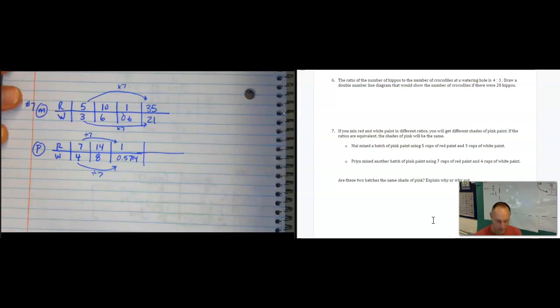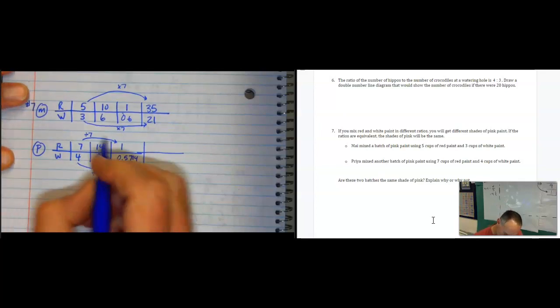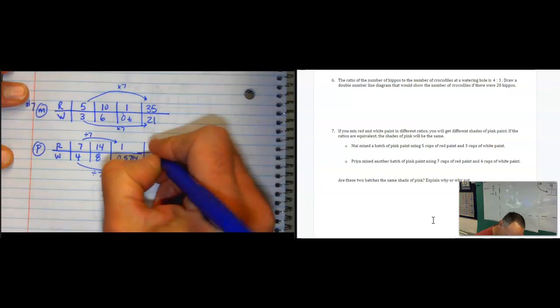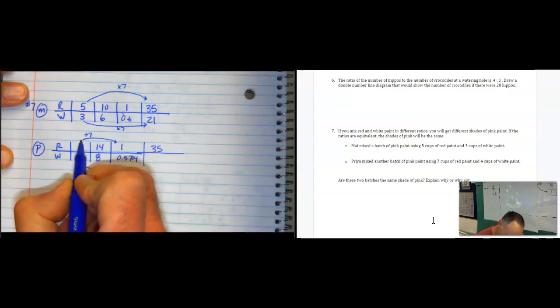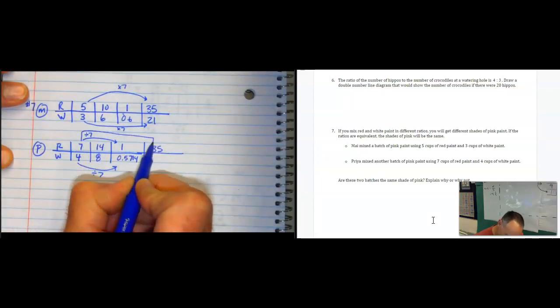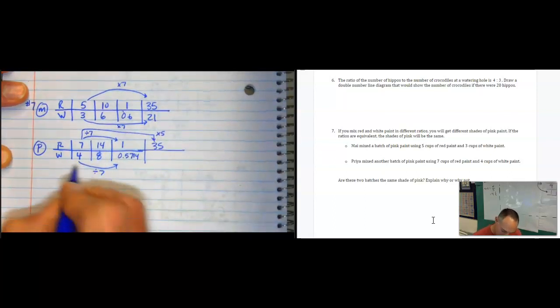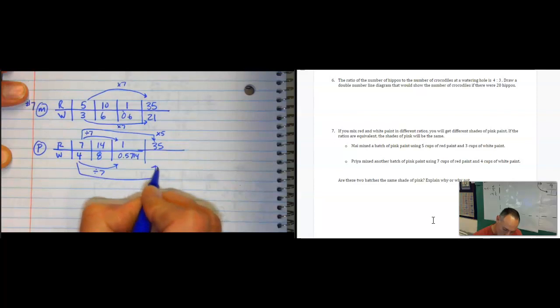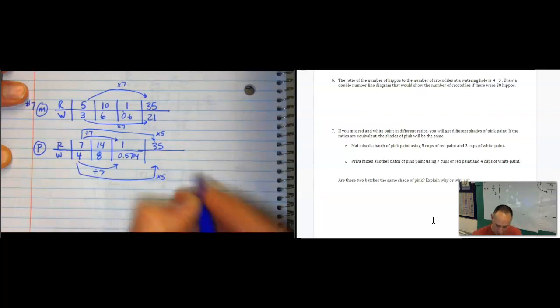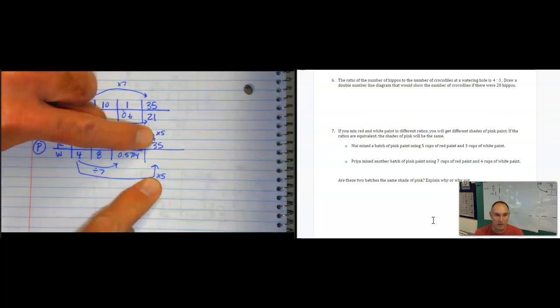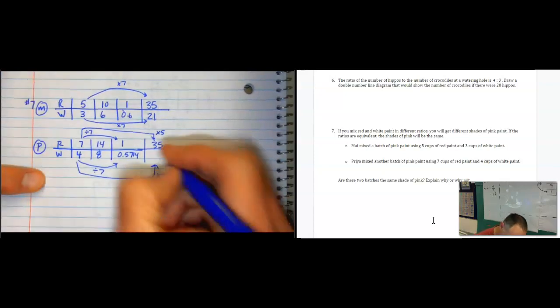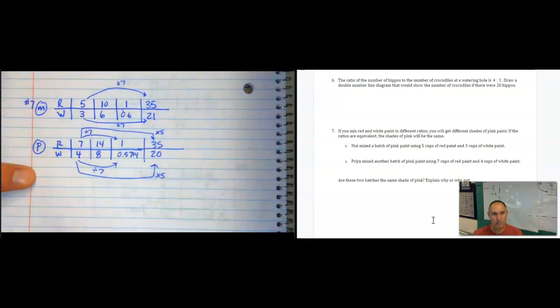That's my pink. Down here, though, to get 35, I'm going to take this 7 and multiply by 5. Then this 4 gets multiplied by 5. Same rate. So 4 times 5 is 20.